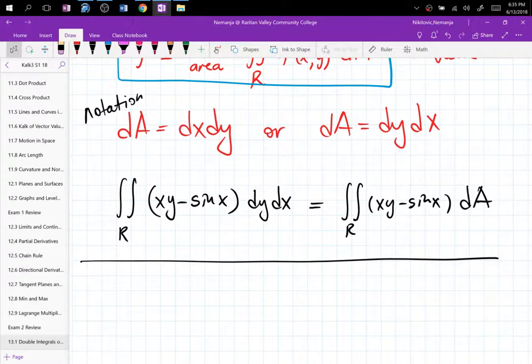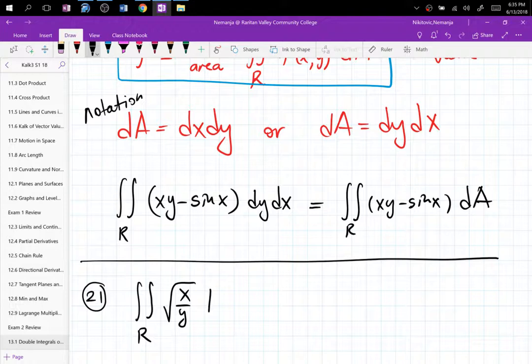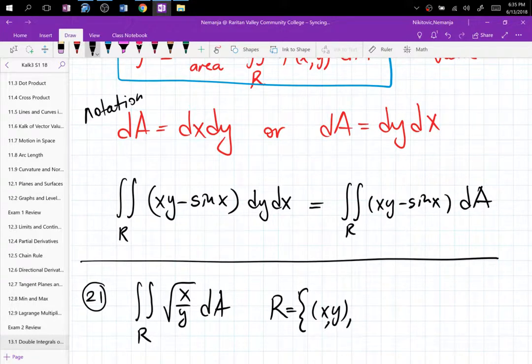We'll do number 21. So, double integral over region R of square root of x over y dA, and your region is given by all of the points x, y such that x is between 0 and 1, and y is between 1 and 4.